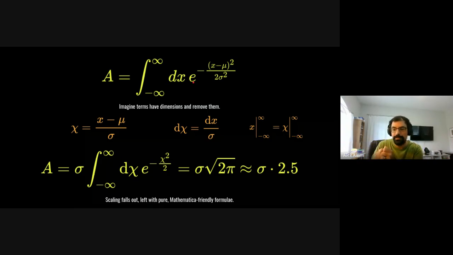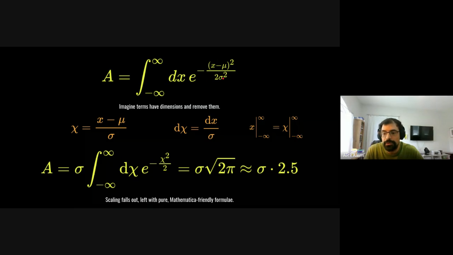If x had length, I'd be adding a length to an area, to a volume, to a hypervolume, and I'd be out of luck. So if x had units of length, mu would have units of length, and sigma would also have units of length, so that this whole argument is dimensionless.